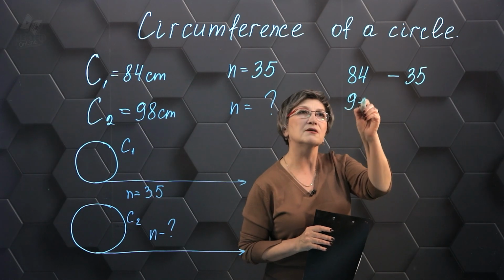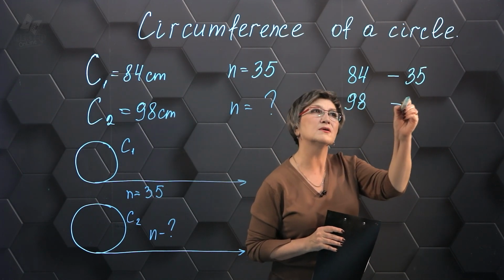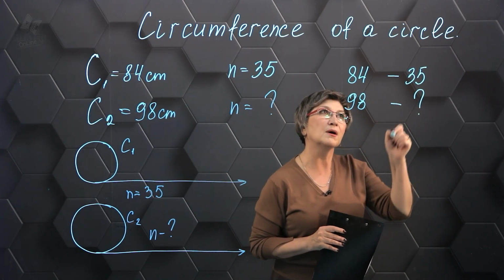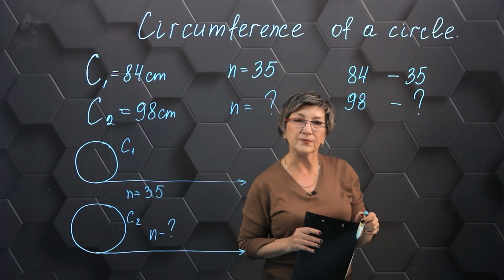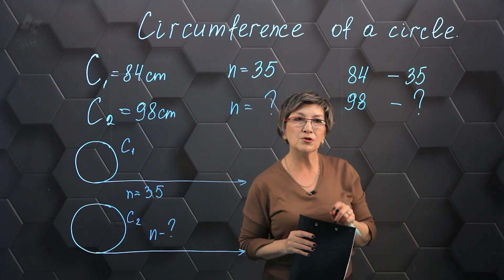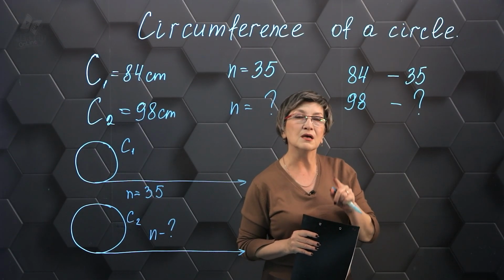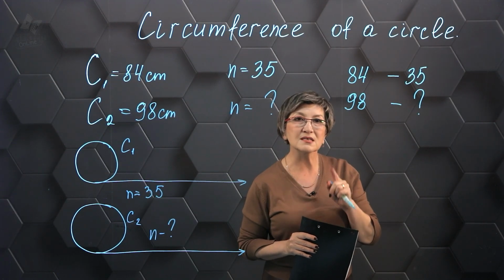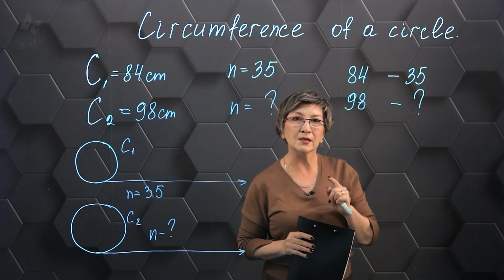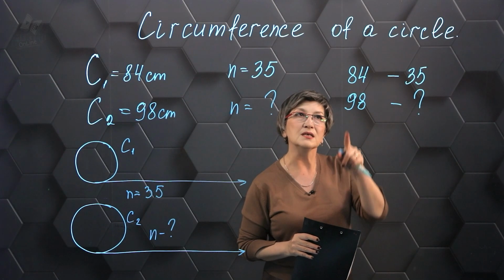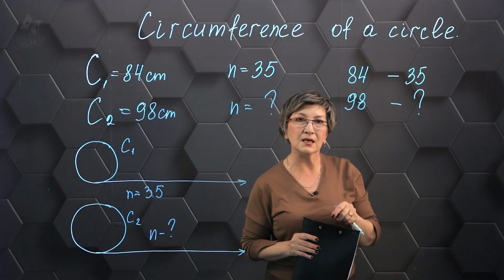If the length of the circle is 98 centimeters, what is the number of revolutions the second wheel has made? Well, without using formulas for the length of the circumference, we will solve this problem by making a proportion. But first, we need to determine what kind of proportionality it is.